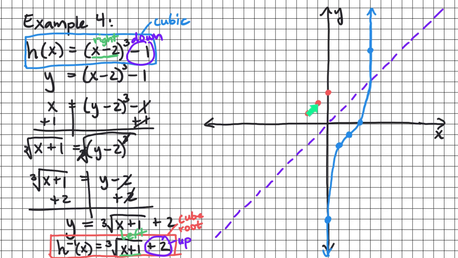And then for the cube root, remember it goes down 2 and to the left 8, and then up 2 to the right 8. So I'm going to count my steps that way. 1, 2, 3, 4, 5, 6, 7, 8.